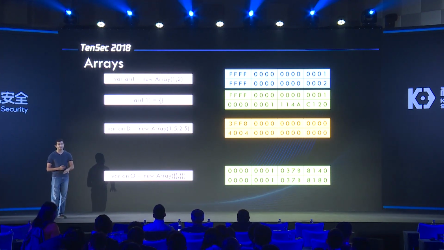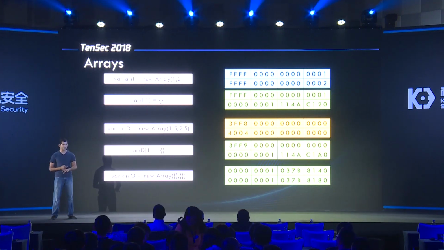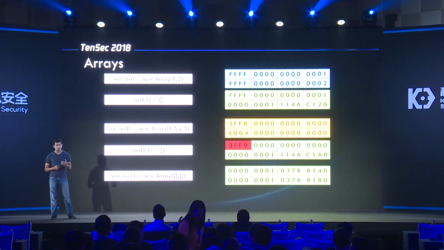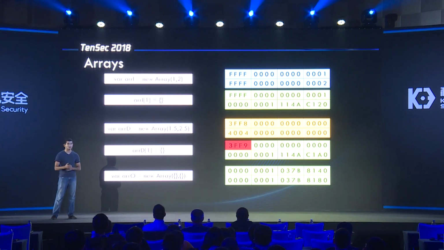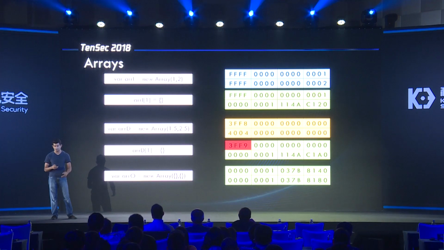If we do the exact same thing to the array with double, we now have a similar situation, except now we have that 3FF8 becoming 3FF9, because as I was saying a couple of slides ago, doubles are special, and when they're in their tagged format, 2 to the 53rd power gets added to it.